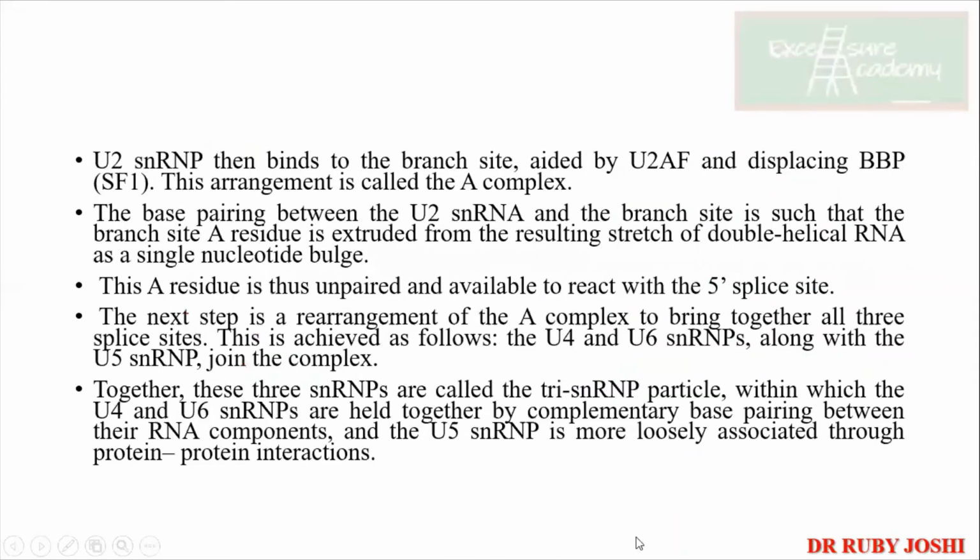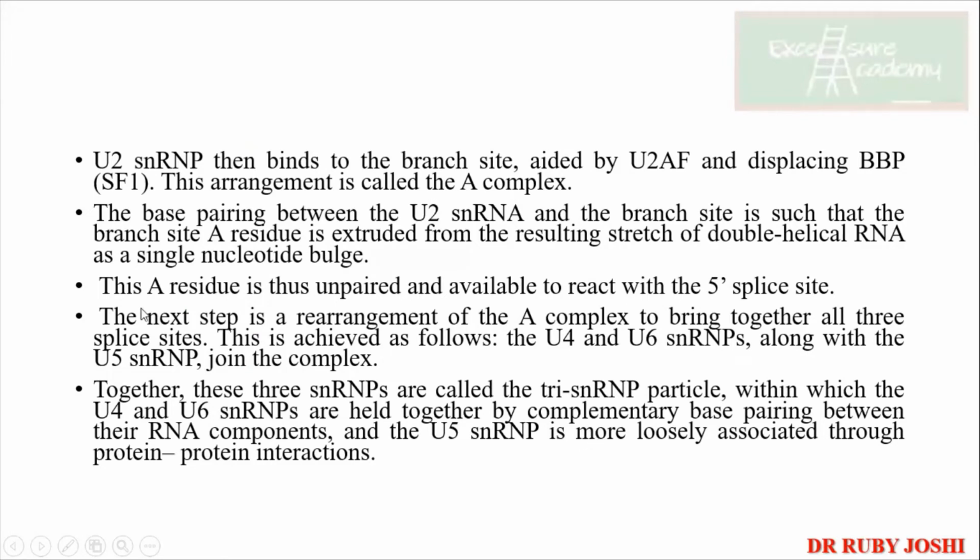Okay. Now those three snRNPs are known as the tri-snRNP particle. Obviously, right? There are 3 particles: 4, 5, 6. Out of which, 4 and 6 are held together by complementary base pairing, and 5 is more loosely associated through protein-protein interactions.